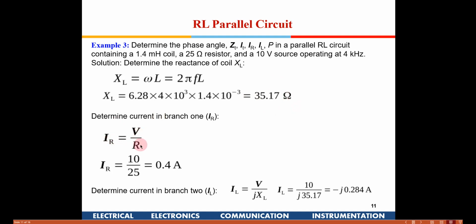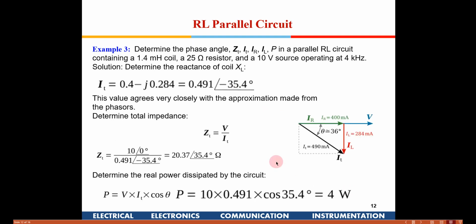The current through the resistor will be V by R, since the resistance is 25 ohms, you get 0.4. To find the current through the inductor, it will be V divided by XL. We are writing a j in jXL. That j indicates that the current is going to lag by 90°. So you have minus j 0.35, and 35.7 is XL which we computed here. So you get this current which is going through L.